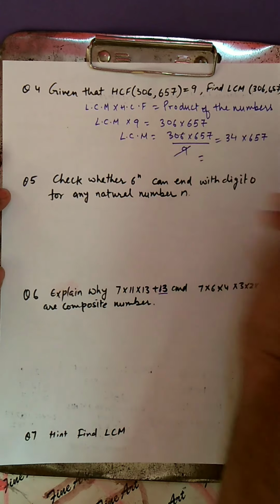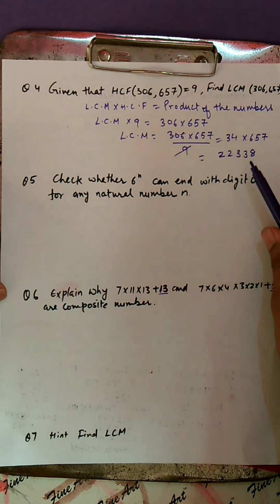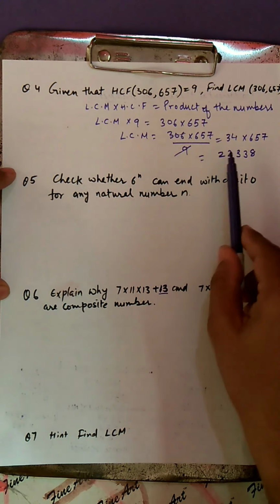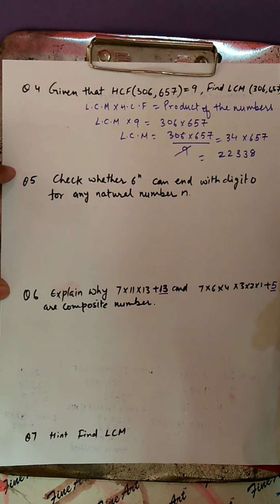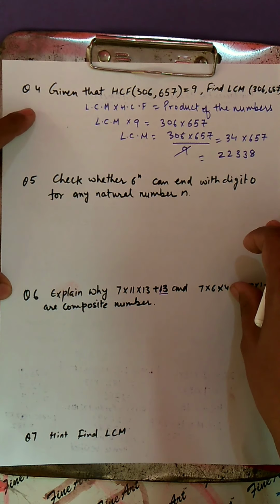Do the multiplication and write the answer. Now you do the product, so the product will be 22338. So this is the LCM of this question. Normally it is asked for 1 mark, or maybe it can be asked for 2 marks in the board exams. Please take care of this formula and do some more questions based on this formula.